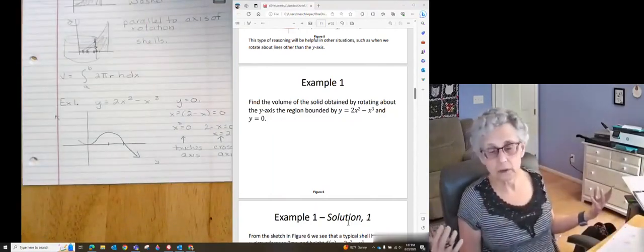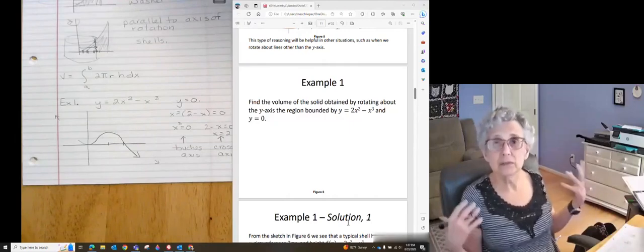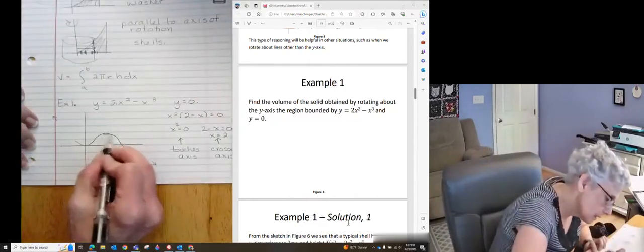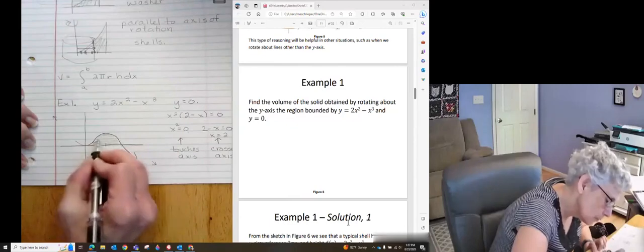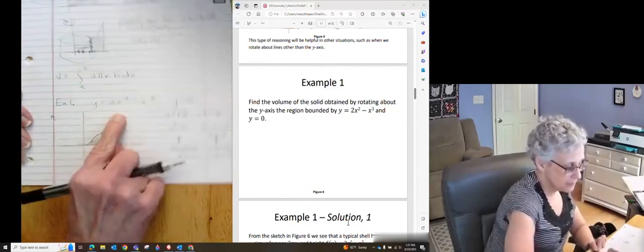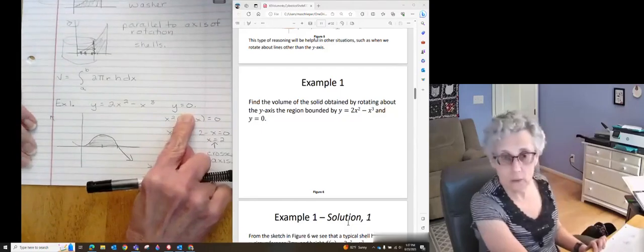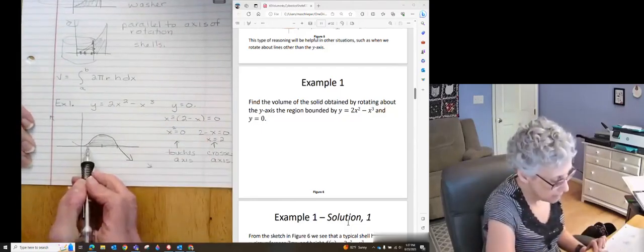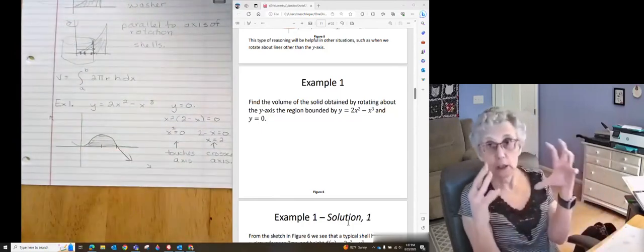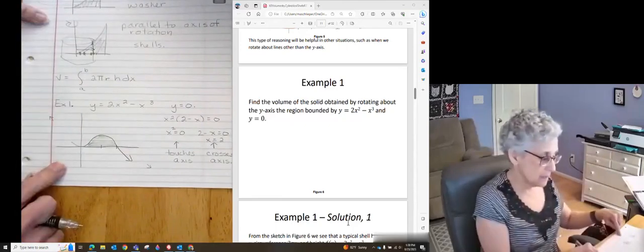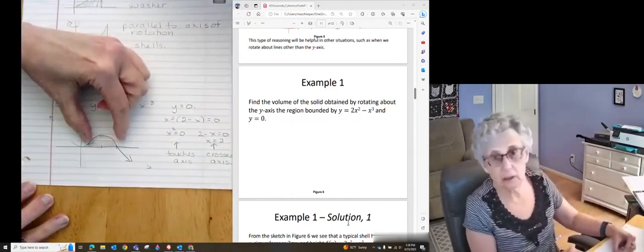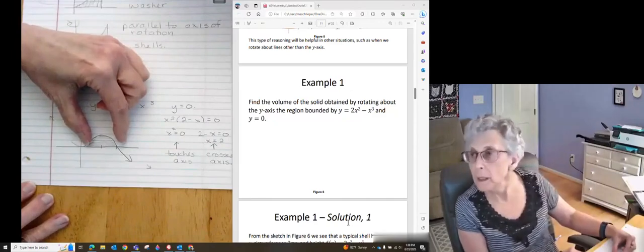Now, I don't know exactly what it looks like, but this is good enough for me to complete this problem. I know that my region is living here in quadrant 1 because it wants the area that's between this graph and y equals 0, which is the x-axis. So we're going to say that it's what is enclosed between those two. This would be an infinite area, so we're just looking at this little bubble right here.